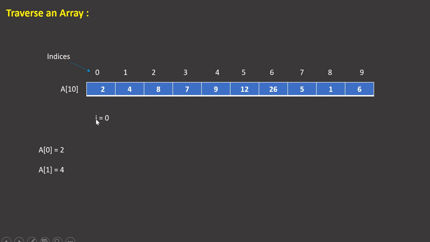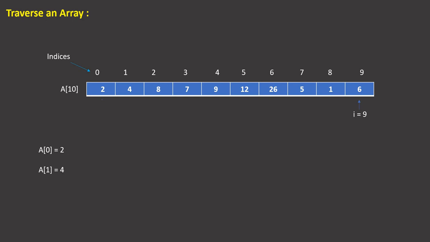So what I'm trying to say is, if I use any variable I is equal to 0 to get this value, it is going to point to the first element, and similarly if I write I is equal to 1, I'm going to access the second element, and if I write I is equal to 9, it is going to access the last element. So actually I'm accessing the random element, right?